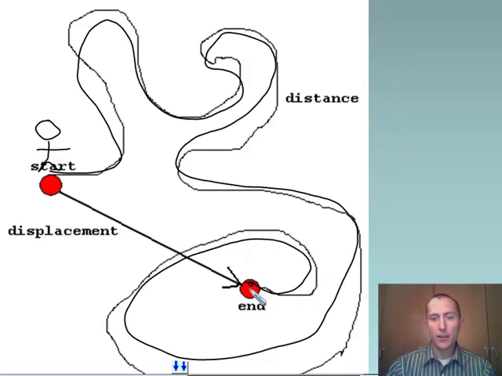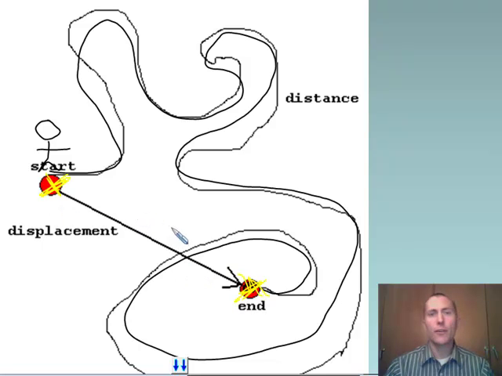Now the distance that that person traveled is this long, elaborate path that we just traced, but displacement only worries about the start and the finish. So they started here, they finished down here to the bottom right, and so this distance right here, represented by this arrow, is the displacement of the person, the total displacement from the starting point.